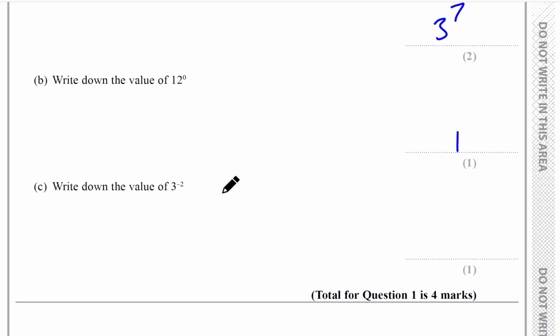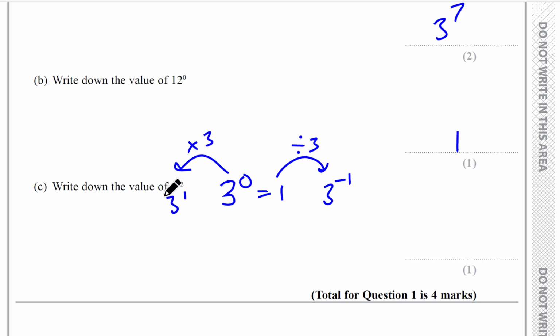Now if you think, 3 to the 0 equals 1, so 3 to the minus 1, you're going to be dividing by 3 at each step, and then 3 to 1 is times 3, and 3 squared, and so forth.